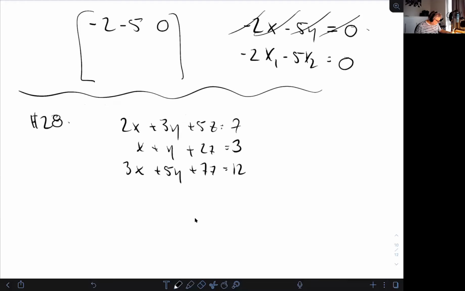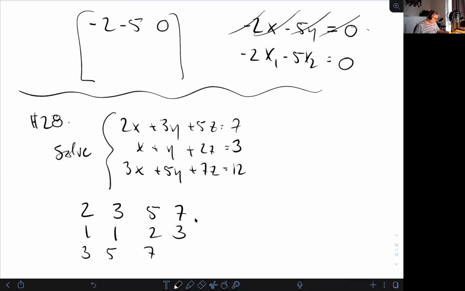So the actual question is A, write as a matrix equation, B, find the augmented matrix of the system, C, solve it. But I just want to solve it using Gaussian elimination. First I write it in matrix form. The augmented matrix is 2, 3, 5, 7; 1, 1, 2, 3; 3, 5, 7, 12.